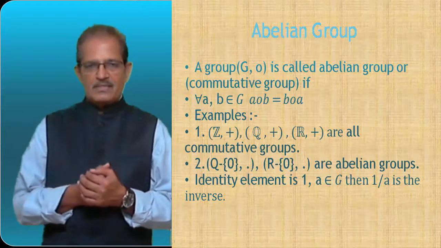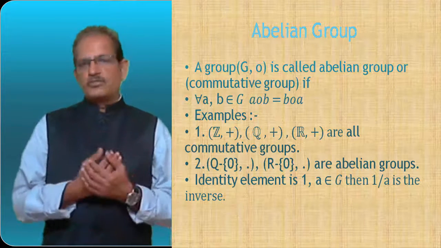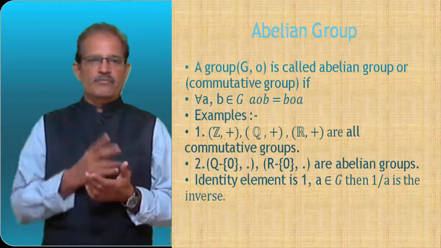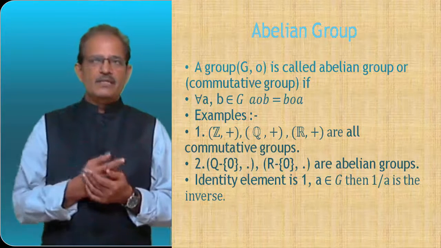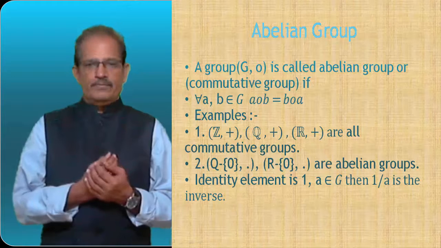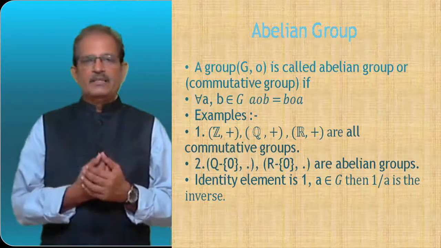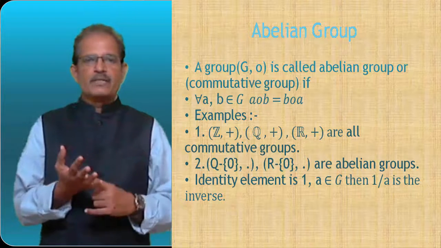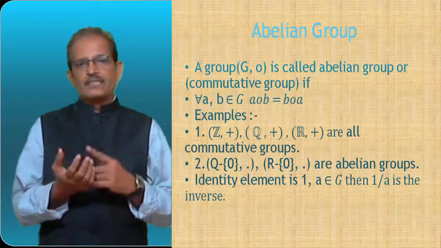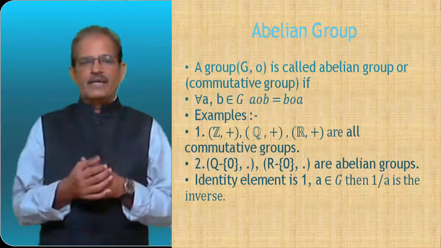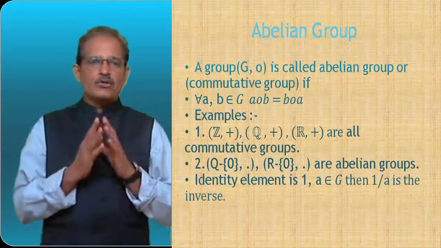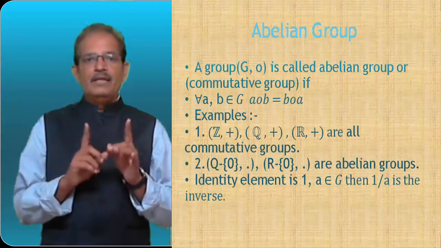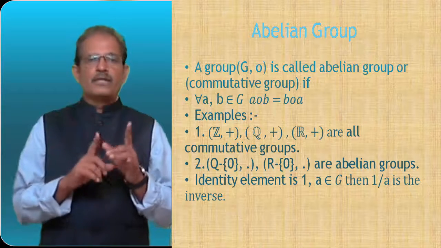That means commutative property should be satisfied. So if a, b are two elements of G, a o b must be equal to b o a. Then the commutative property is satisfied. In addition to the four properties of a group, if this commutative property is also satisfied, then that group is called abelian group or commutative group.